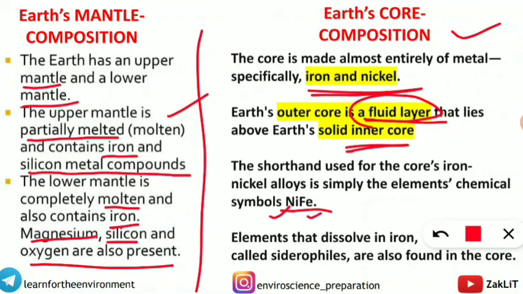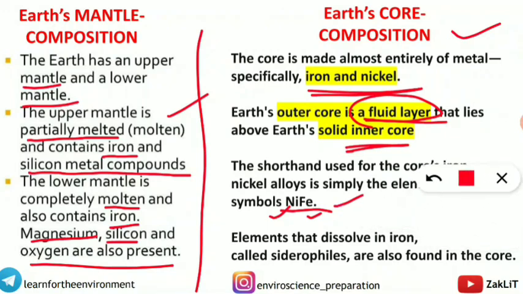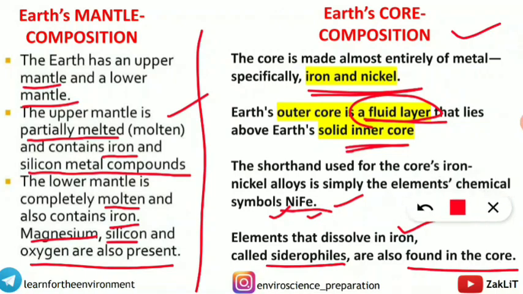So the core's shorthand is NiFe, nickel and iron. Next thing you should know, elements that dissolve in iron are called siderophiles. It is also one of the frequently asked questions in the examination. These are also found in the core region of our Earth. So you should note these things down and make a table like that.